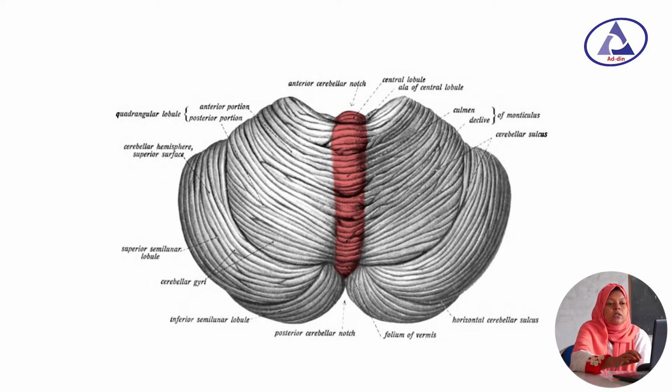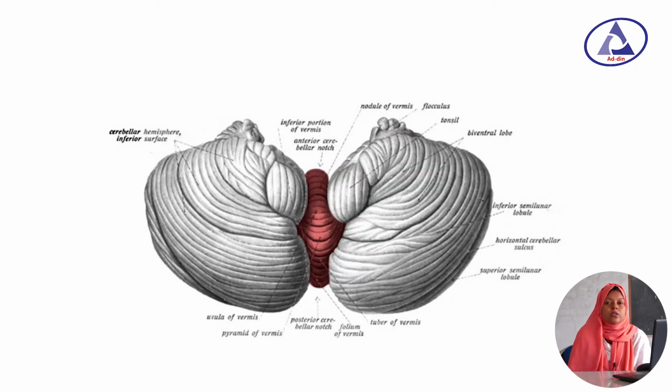Here the division of the surfaces or lobes we discuss later. In this picture we see the inferior surface of the cerebellum. The inferior surface of the cerebellum is usually flat, and there is a deep groove called vallecula. The red mark is the area called vallecula. Here the inferior vermis lies, and there is anterior cerebellar notch, posterior cerebellar notch.